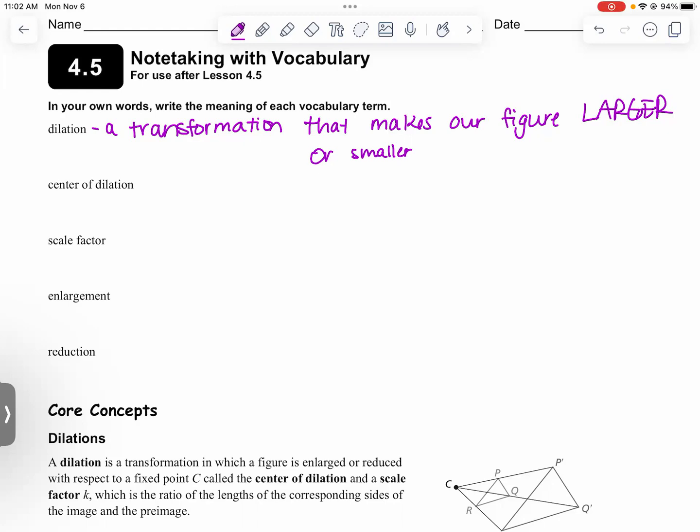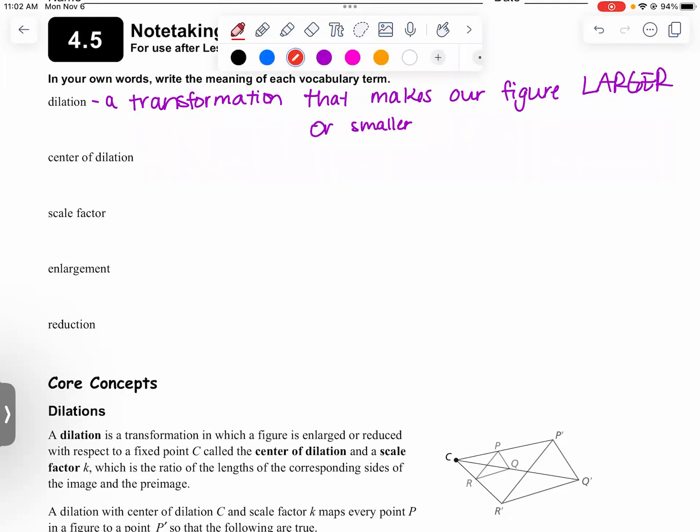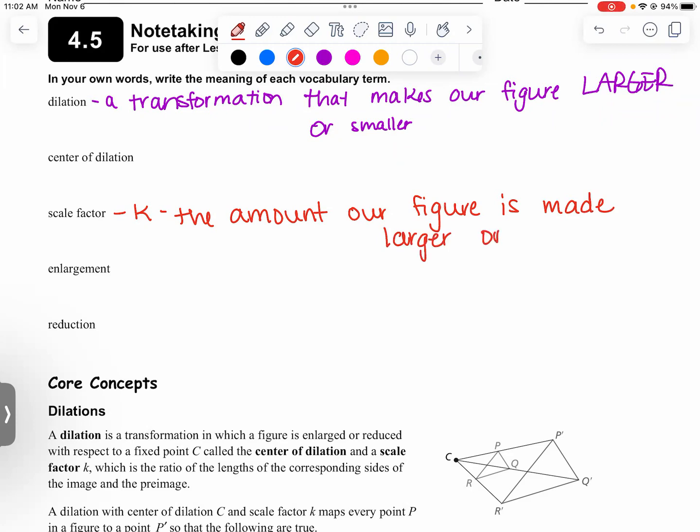First of all, let's talk about the scale factor. The scale factor, we're going to call it K. It's the amount we're going to stretch or shrink our shape.